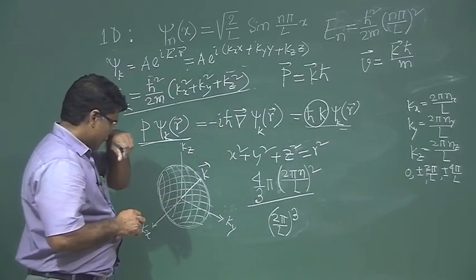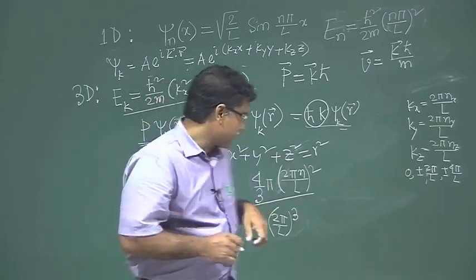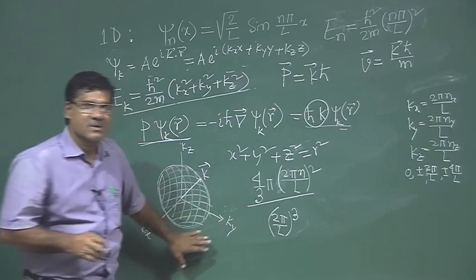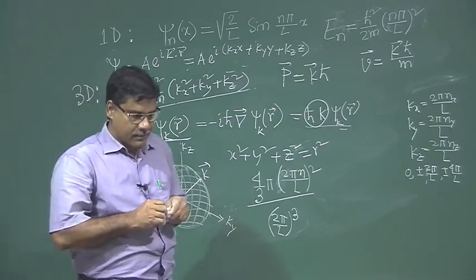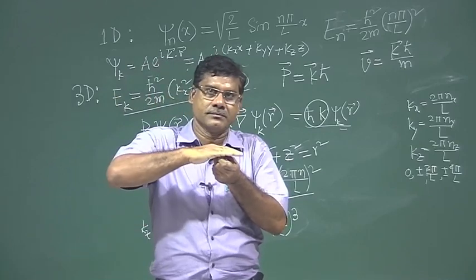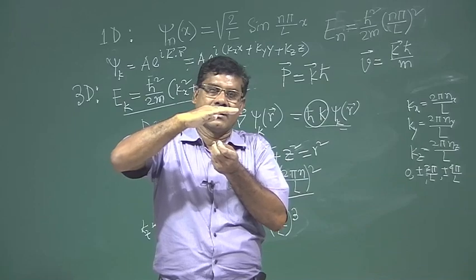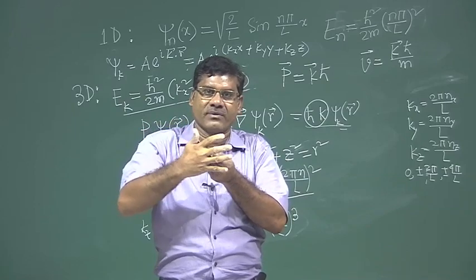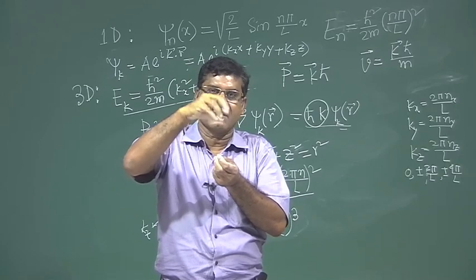I have to tell something more about this. This sphere we have considered here in kx, ky, kz. Now, if we have n number of electrons, then the electrons are placed in these orbitals.